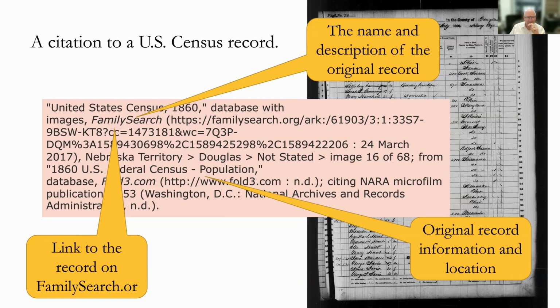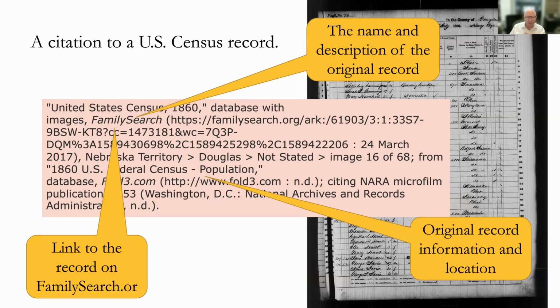Okay, so here's what it's done. It's given you another website, which is part of Ancestry.com. It's called Fold3.com. And it has this particular record on it. And that's where this particular copy came from. So now we know where this copy came from. And it's citing the National Archives and Records Administration microfilm publication, and they have the number of that.